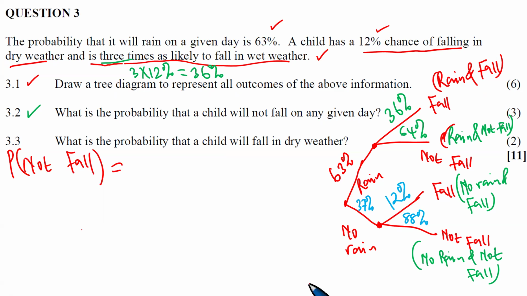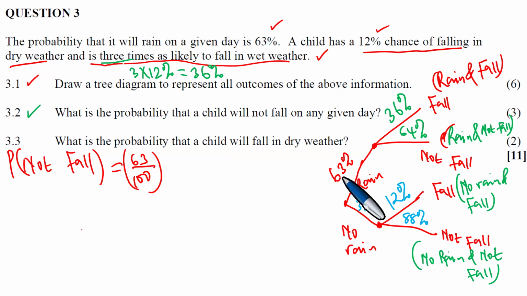Okay, yes, because now you can see we have not fall here and not fall there. We have not fall here and not fall there. So if you look at not fall here, it's going to be first 63 over 100.